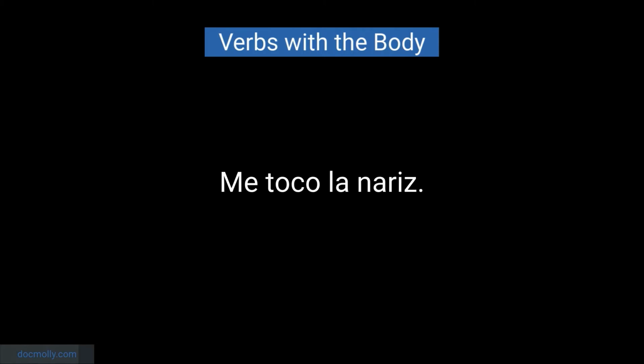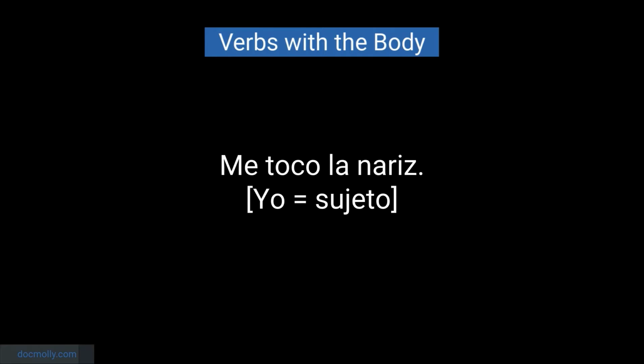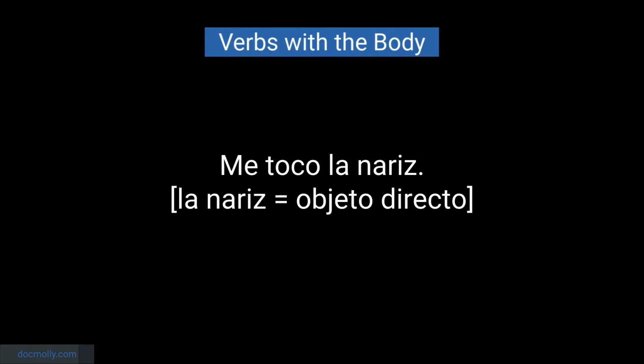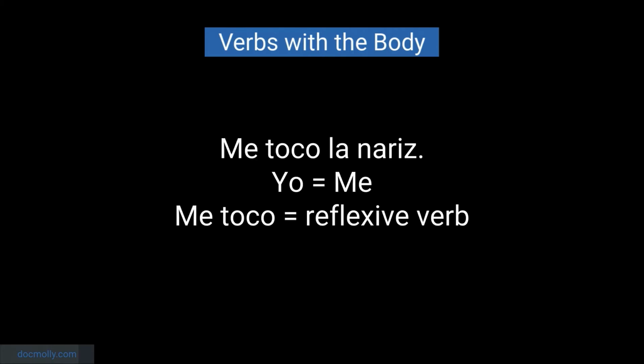In this case, yo is the subject, me is the indirect object, and la nariz is the direct object. In this case, the person who performs the action is also the person on whom the action is being performed. The subject, yo, and the indirect object, me, are the same person, and therefore the verb is reflexive.